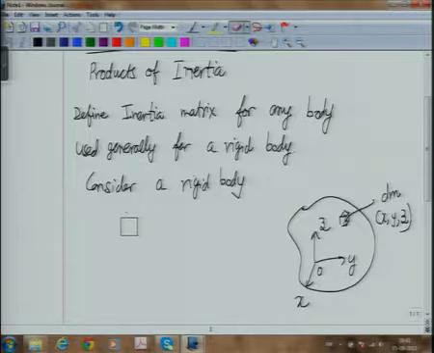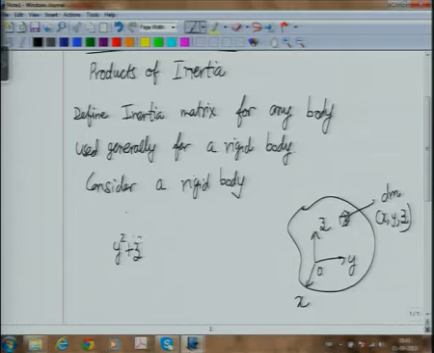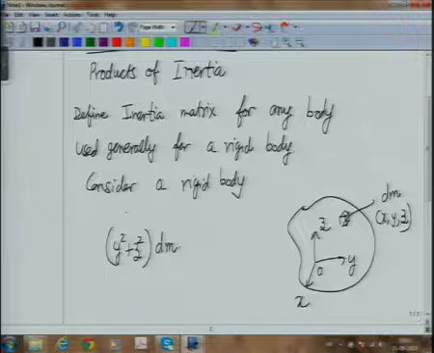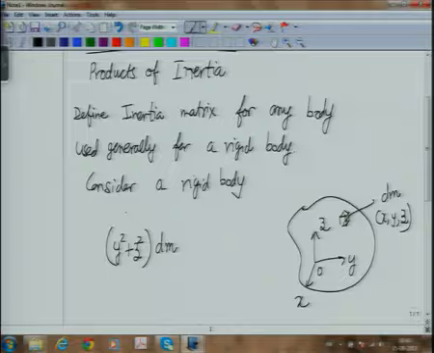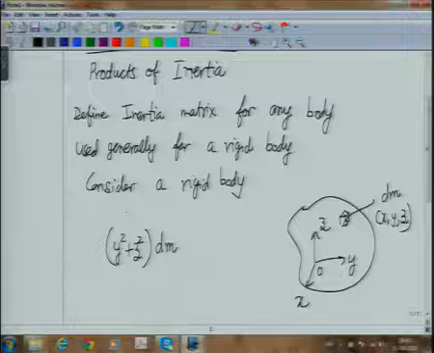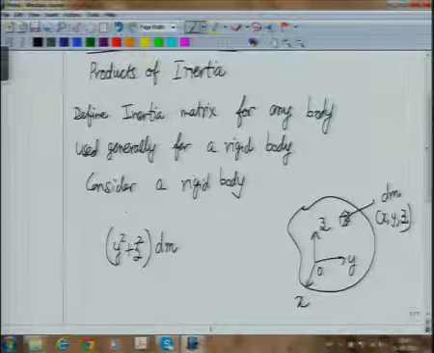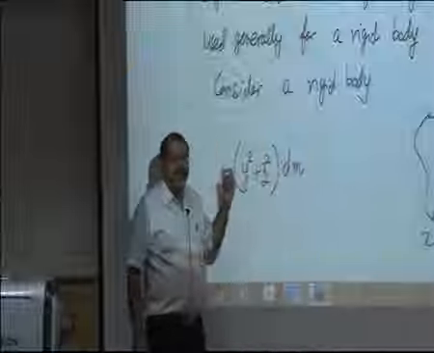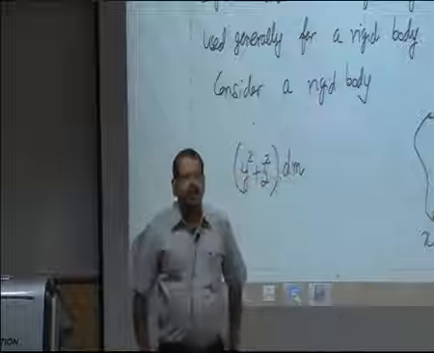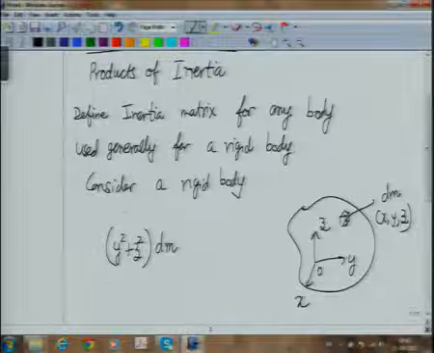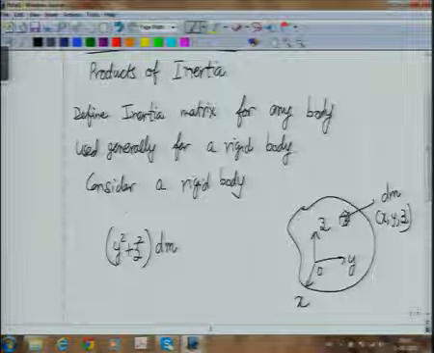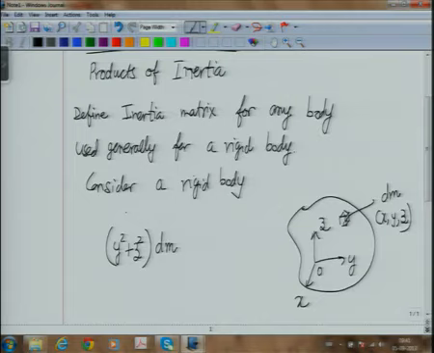If I look at this quantity, y square plus z square times dm. What does this represent? dm is the mass. What is y square plus z square for this element of mass dm? It is the square of the distance from the x-axis. Is that clear? So that is what y square plus z square is.